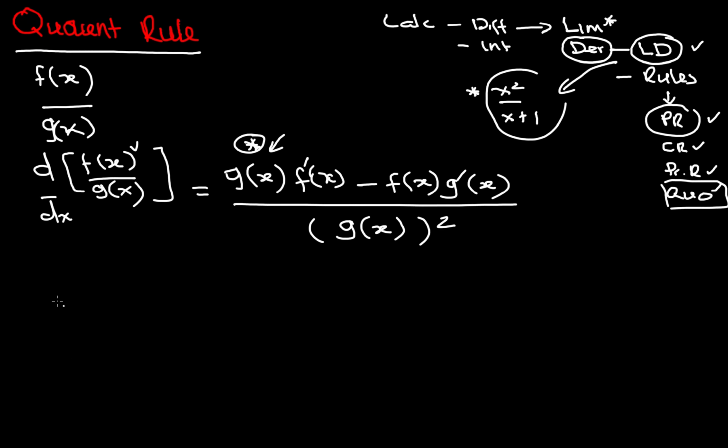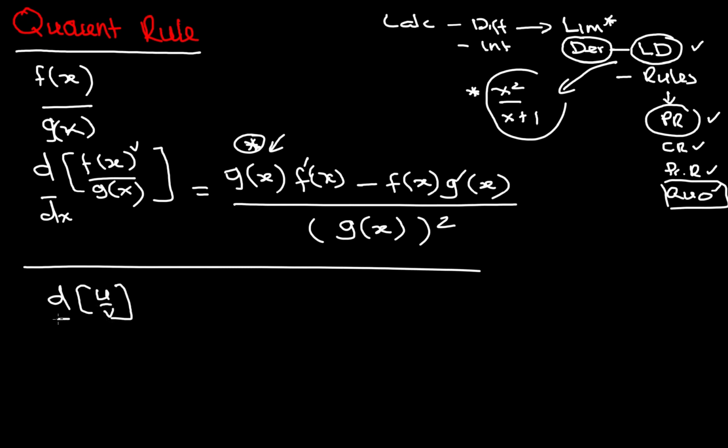Now, what we need to remember also is that this function can also be represented in terms of u and v, something that's easier to see, okay? So now we're obtaining a derivative of this function because we're saying that u is equal to f(x), okay? And we're saying that v is equal to g(x). So we're putting these two together.